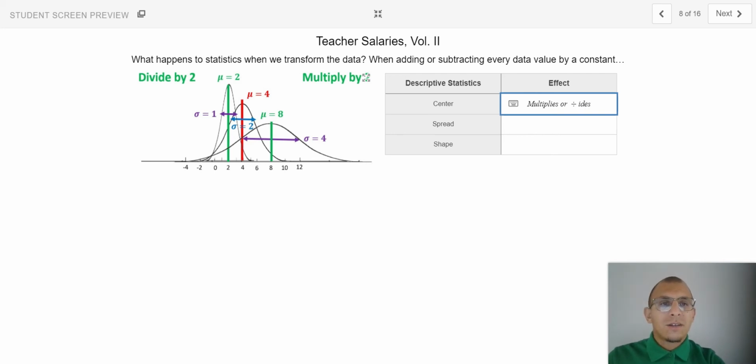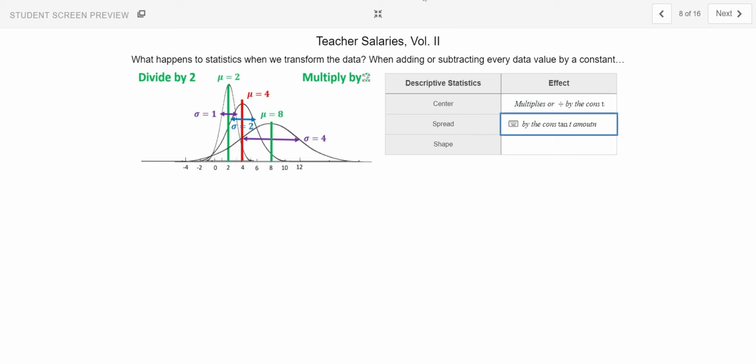So the effect: multiplies or divides by the constant amount for the center. The same holds true for the spread.